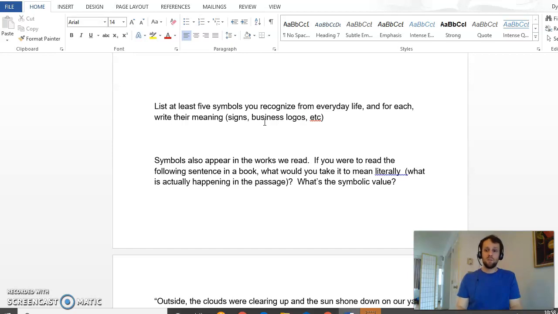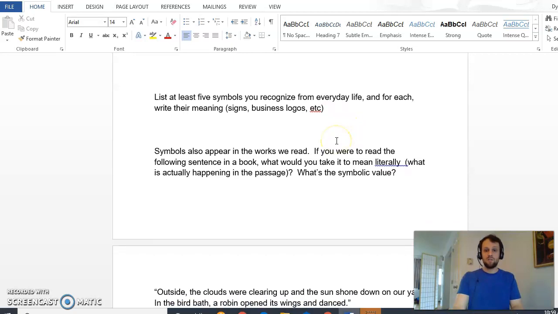If you see, for example, you're walking on the street and you see a sign with a red circle, and within the red circle is the white number 2. We who have spent a lot of time in New York recognize that as a subway sign. That's just one brief example. So can you think of several examples of symbols that you see walking around everyday life?